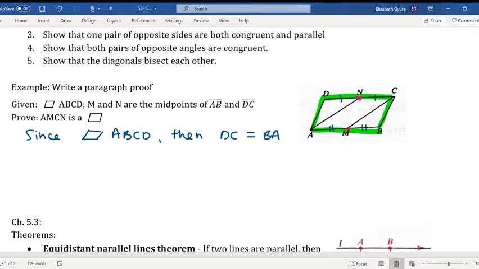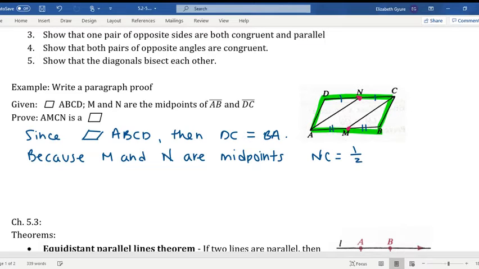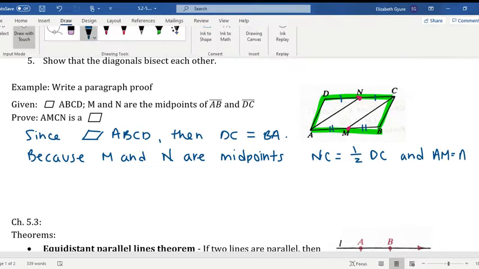And then we know that because M and N are midpoints, NC is going to equal half of DC, and AM is going to equal half of AB.